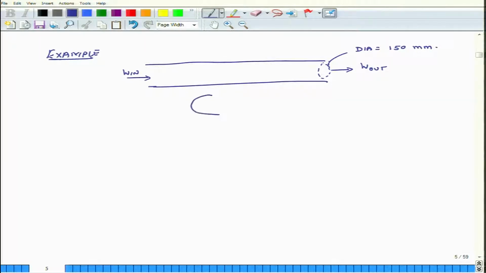and the muffler is such that it has a volume. The volume is 3 into 10 to the power of minus 3 cubic meters. This is given, and then we want to use 3 pipes of identical length and identical internal diameter.